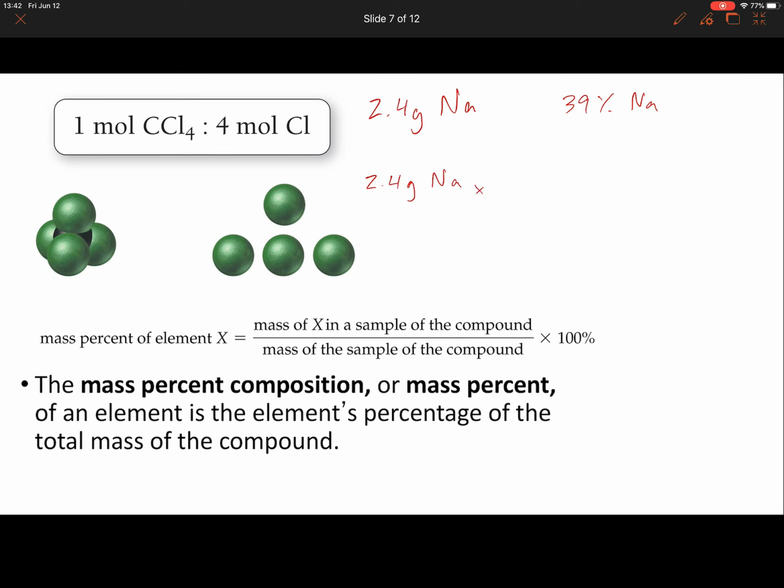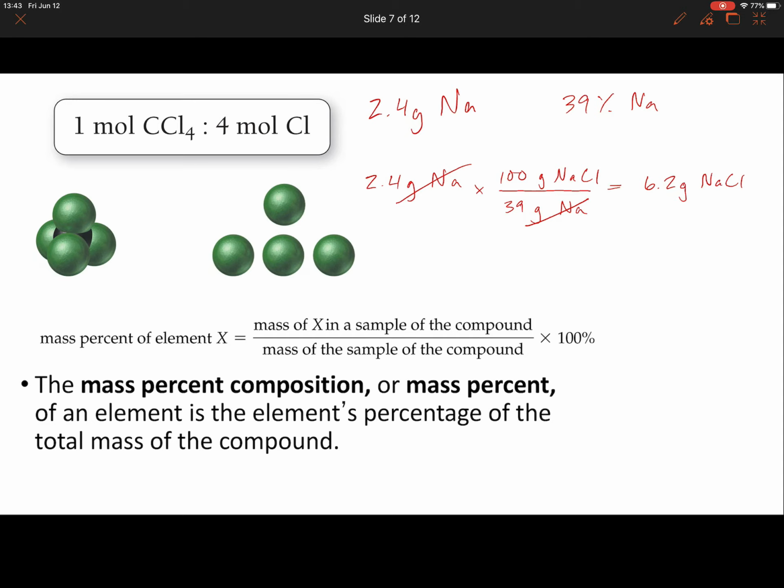We want to know how much sodium chloride that translates to. We know that for every 39 grams of sodium, we would have to have consumed 100 grams of sodium chloride. This is going to cancel our units. We do a quick calculation, and we would have to consume 6.2 grams of sodium chloride in order to consume the recommended daily amount of sodium, 2.4 grams.